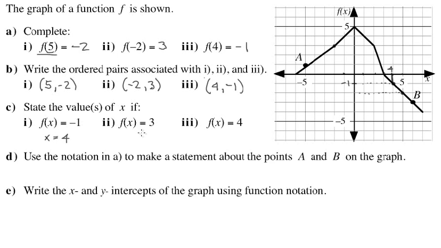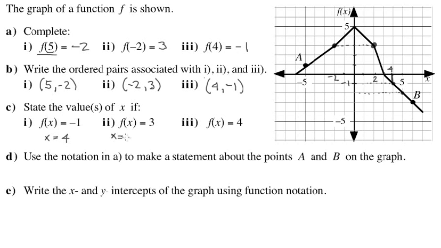Now something a little weird is going to happen. If f of x is 3, 1, 2, 3, here's the function, and here's the function again. Two possible values. x could be 2, or x could be -2.